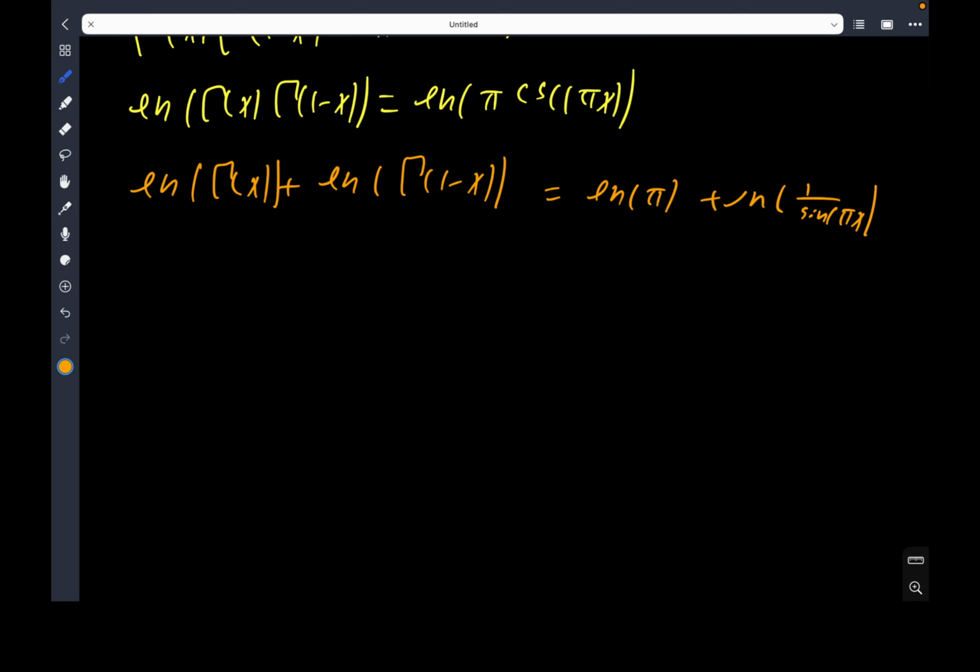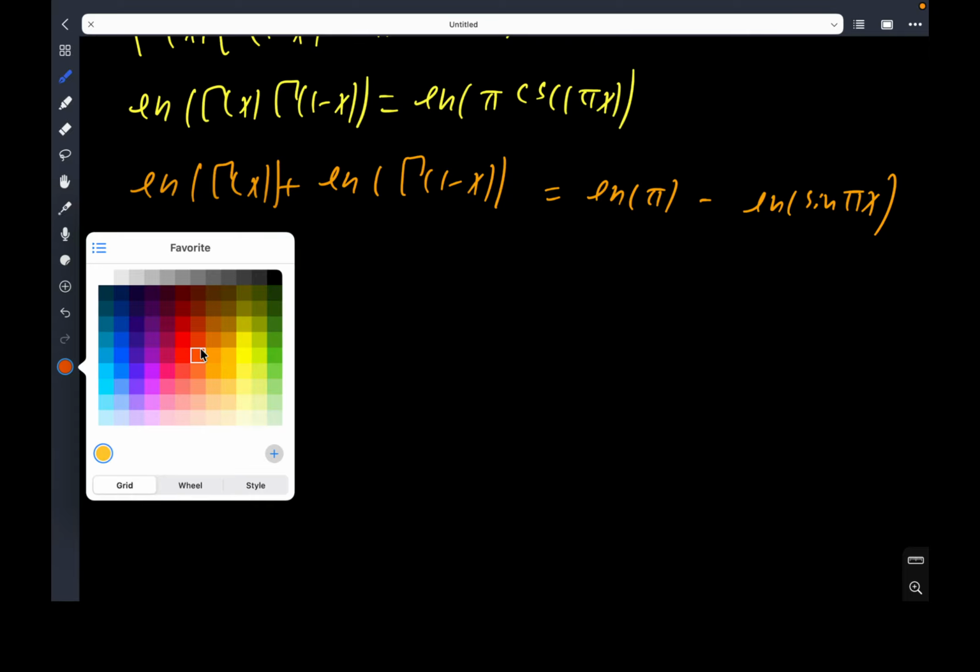Here we have a negative power, sine of pi x to the power of negative 1, and I can write it as minus ln of sine pi x.